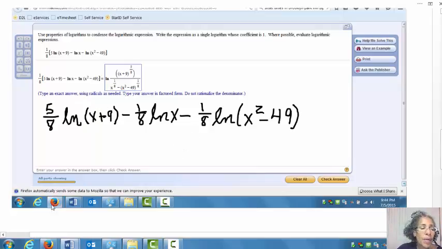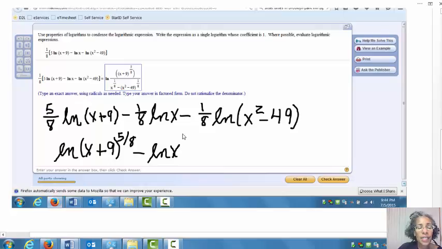Then I would apply the power rule of logarithms. So these coefficients now are going to become powers of the inputs to each logarithm. So the input to the first log is x plus 9. So the 5/8 becomes the power applied to x plus 9.